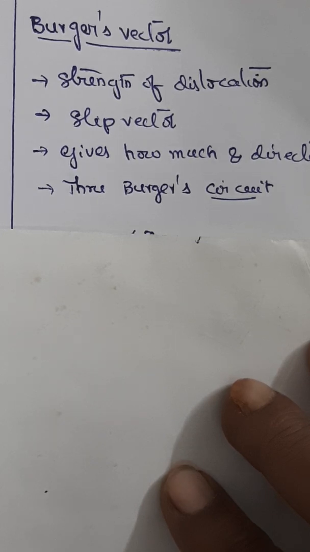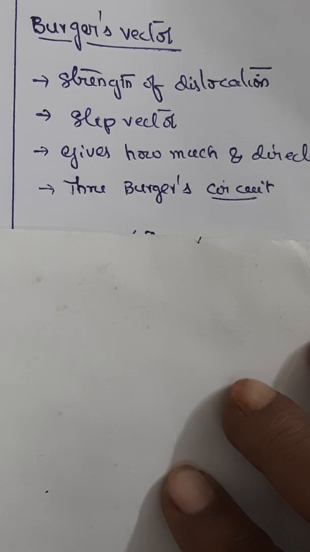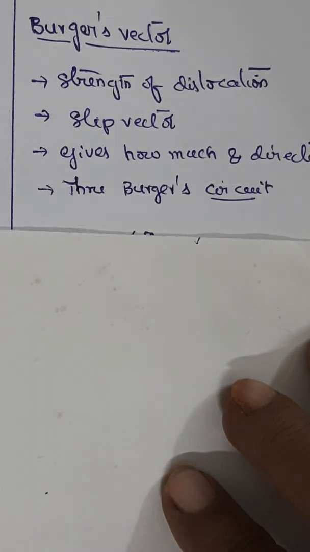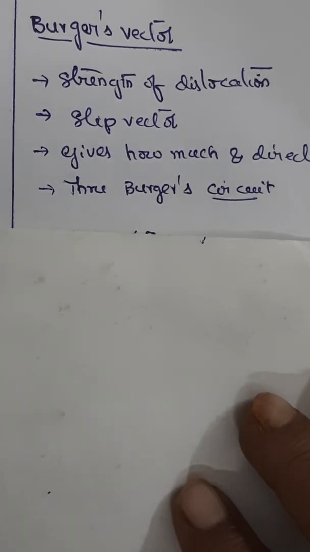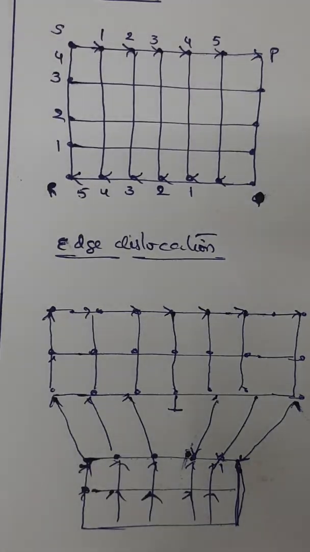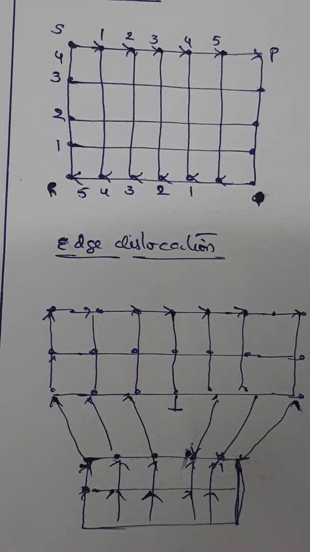If the region enclosed by the path does not contain a dislocation, the Burger's circuit will close. If the path encloses a dislocation, the Burger's circuit will not close. The closure failure of Burger's circuit is called Burger's vector, represented by the letter B, which can be schematically shown as represented here.